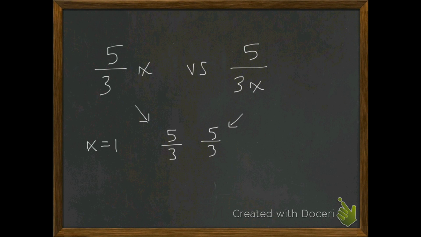You might say, well, there's no difference. Well, if there's no difference, it has to hold true for all values. If we put 2 in for x, and if we put 2 in for x over here, we get 5/6. And guys, those are not the same fractions. So it may hold true for one value, maybe two values, but it's not going to hold true for all values, and that's what we need.